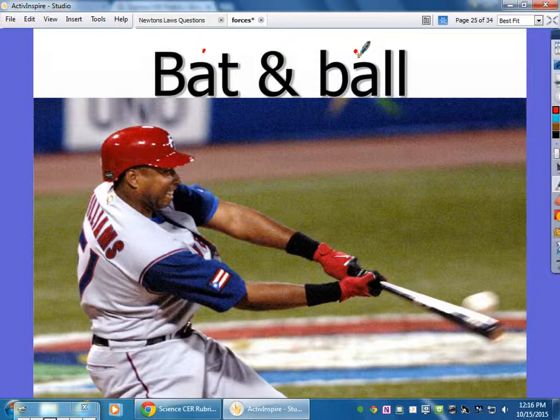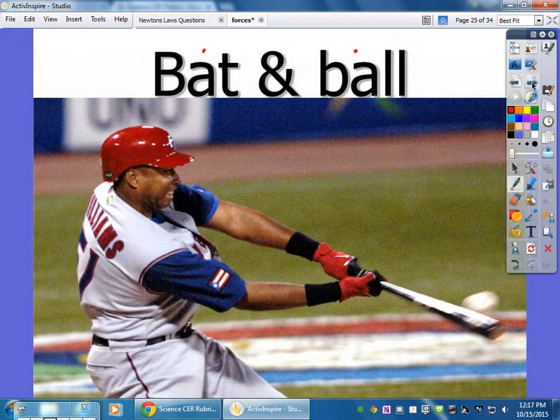If I describe the action as the bat hitting the ball, the bat hits the ball, that's the action force. To describe the reaction force, trade the nouns and keep the verb the same. The verb is hit, so the ball hits the bat. The action force, bat hits the ball. The reaction force, the ball hits the bat. Everybody got it? Okay, we're going to see.